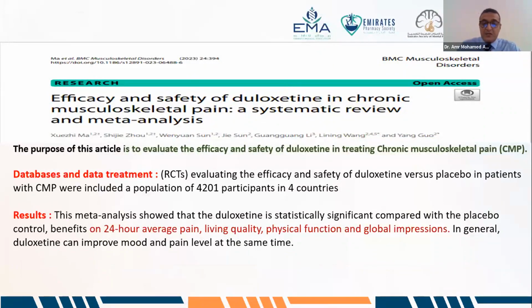It evaluates duloxetine versus placebo in a population of more than 4,000 participants in 4 countries. The meta-analysis shows that duloxetine is statistically significant compared with the placebo control, with benefit on 24-hour average pain, quality of life, physical function, and global impression. Generally, duloxetine can improve mood and pain level at the same time.